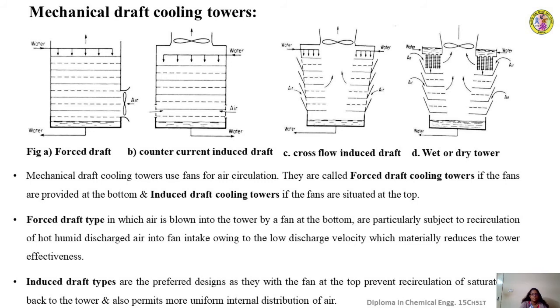It is just flowing over the tubes through which the water is flowing. So even though air is getting warm in that location, it is not getting humidified. This kind of tower also gives you a better cooling operation for the water.